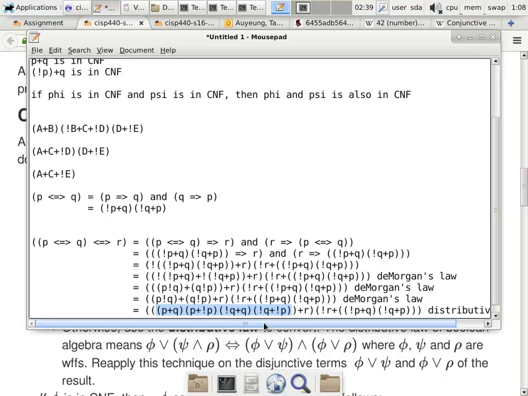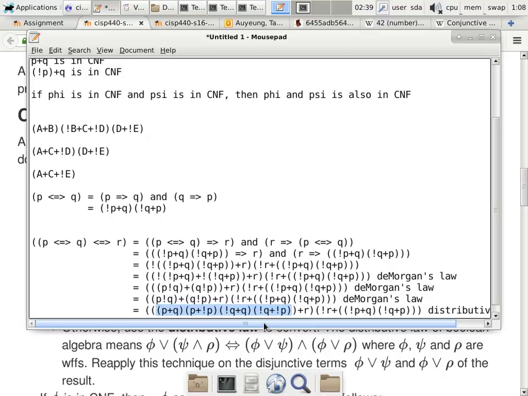P goes here and here. Q goes here. Not Q goes here and here. And then I take Q, apply here, P apply here, Q apply here, not P apply over here. It's just a cross product. It's just every way that you can combine all of those things.